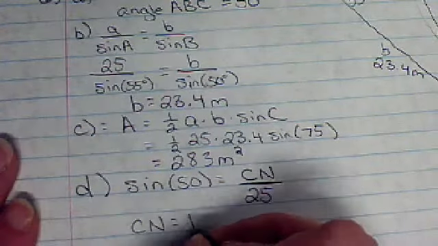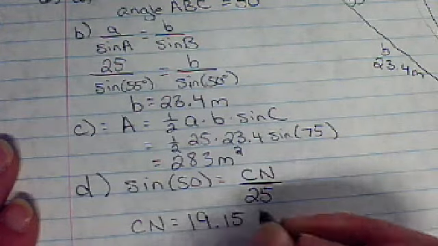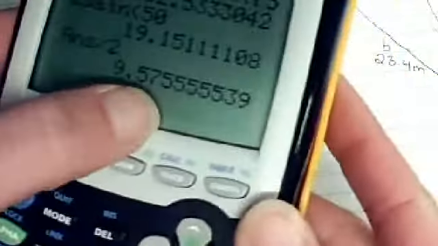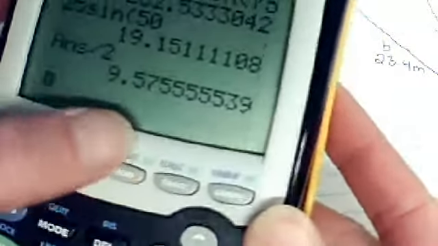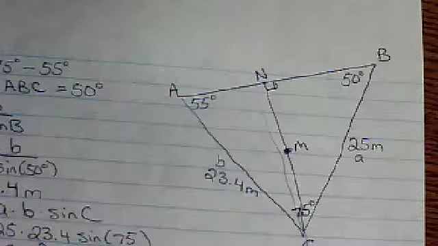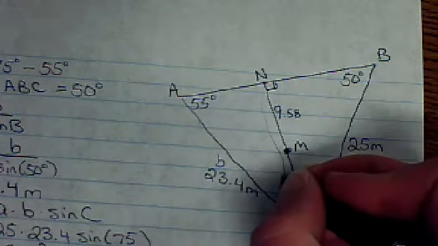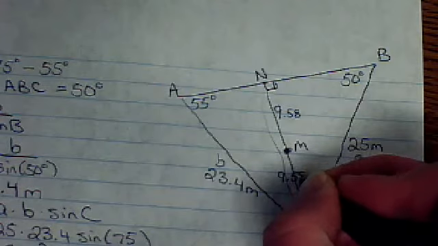So CN would be 25 times sine of 50, which is 19.15. And I am writing that one out because that's not my final answer. And I'm dividing that by 2, and I got 9.575, so that's going to round to 9.58 for MN. So I go ahead and go back and mark that in my picture. And so this side would also be 9.58.